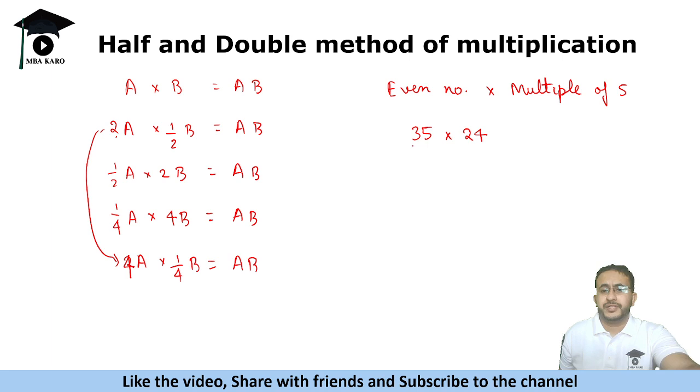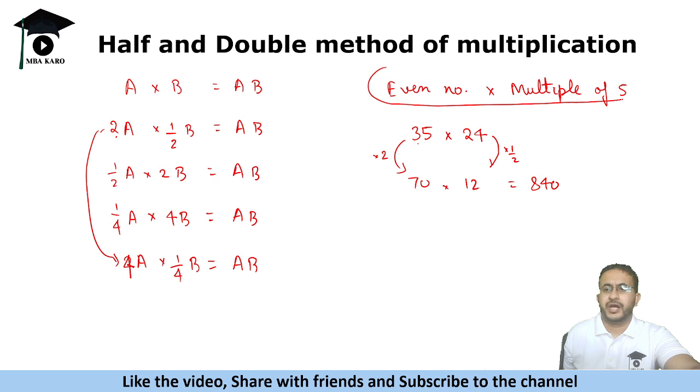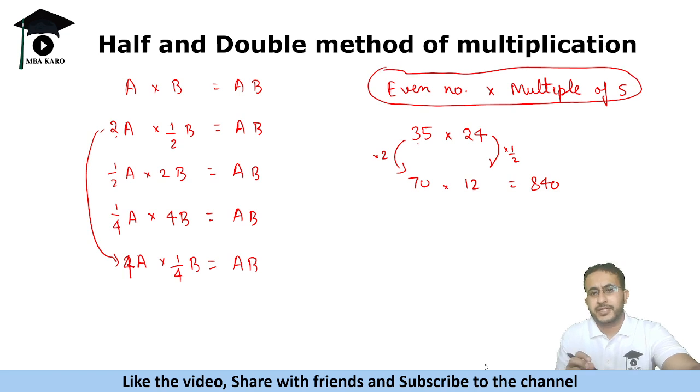So what we can do is, if I take half of 35, it will go into decimal. So I will take 2 times of it. It becomes 70. And if I take half of 24, that becomes 12. Now 12 into 7 is 84, so the product is 840. So in this special scenario, when you have an even number and a multiple of 5, you can use this technique to do the calculations much faster without using a calculator.